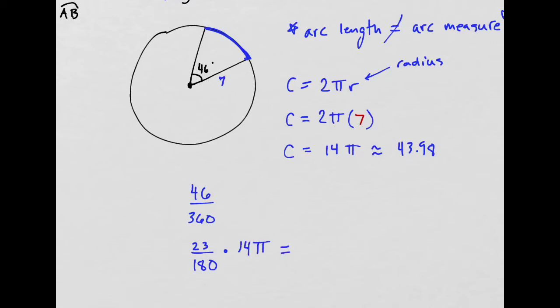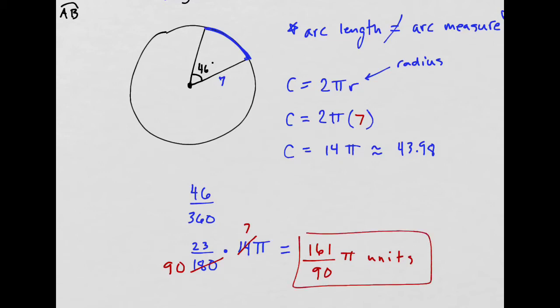And let's see what it comes out to be. Because all I'm doing is finding this length, because instead of having the whole entire circle, I just have 46 out of the 360 degrees of the circle. Hopefully that makes sense. So I have, if I reduce, 23 180ths of the entire circumference. I'm just going to leave the pi there. And I get 7 and 90, so 7 times 23, that's 161, I think, over 90 pi, and this is going to be units.